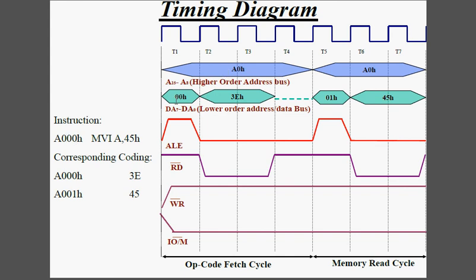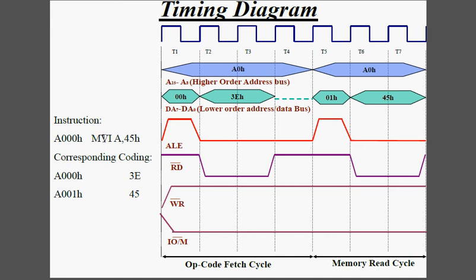So A000H is the address here. That means it puts the address out so that the memory knows the processor wants to refer to this address location. When ALE is low, the bus becomes the data bus. This is the data sent from the memory to the microprocessor, 3E, because 3E represents the opcode.